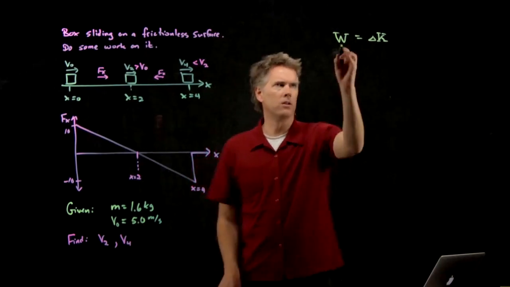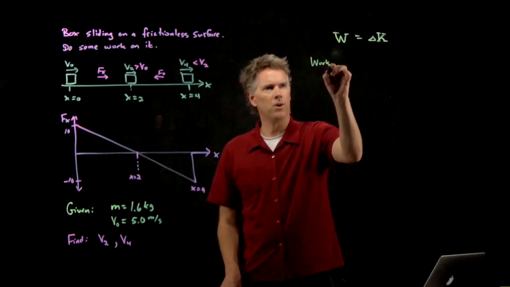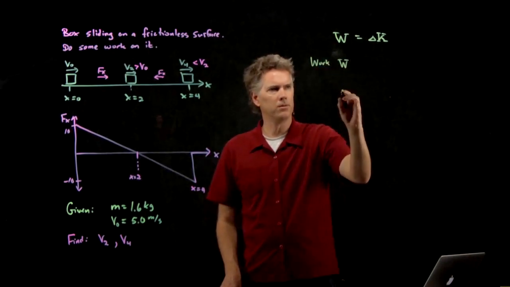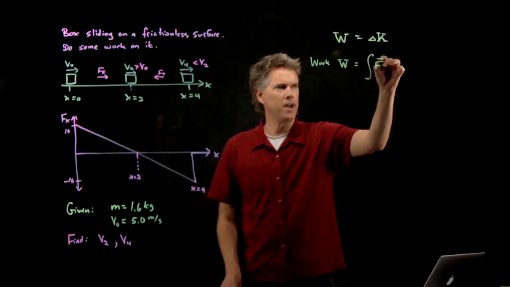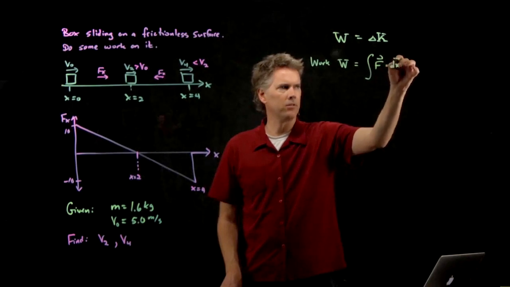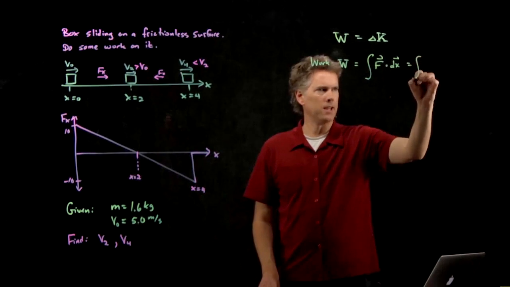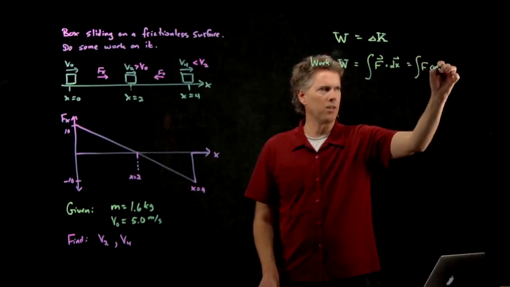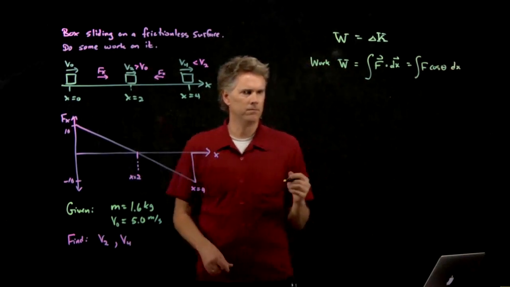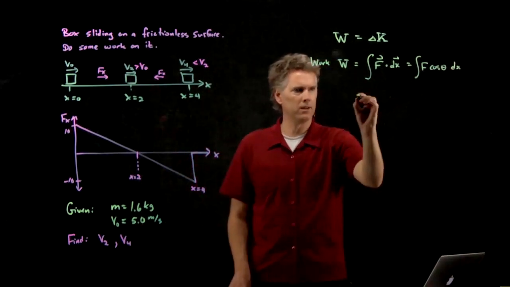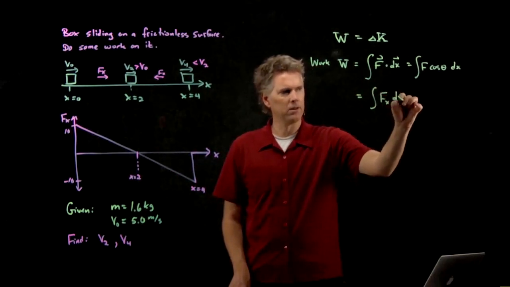How do we calculate work in this case? Work, W, is going to be the integral of F dot dx. But we know what F dot dx is. That is F cosine theta times dx. But F cosine theta, that is the x component of the force.